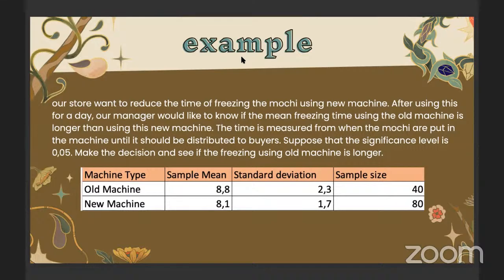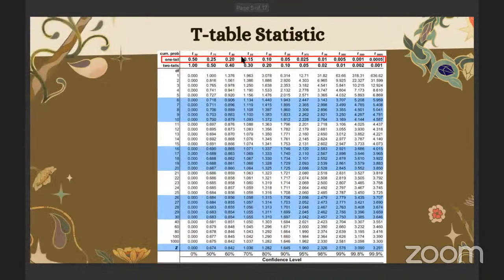In this table, we have the machine type and each of the sample means, standard deviations, and sample sizes. I calculated it with a statistic calculator, which we can find on Google. And then we must also see the statistic table.